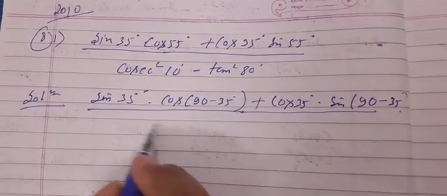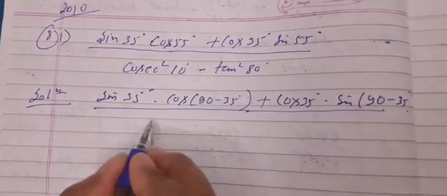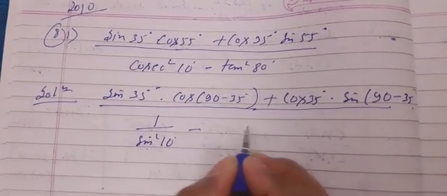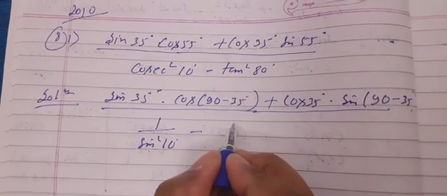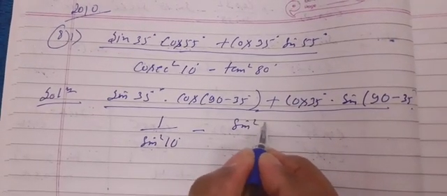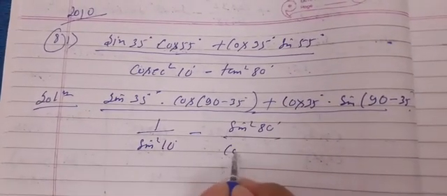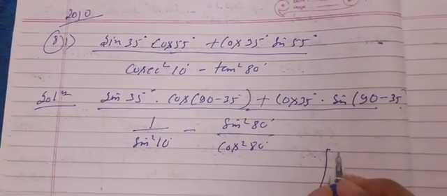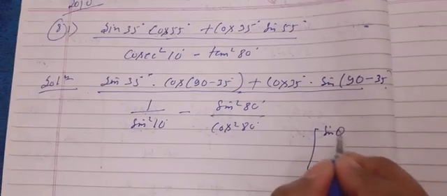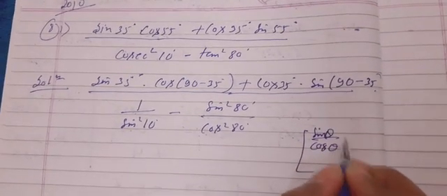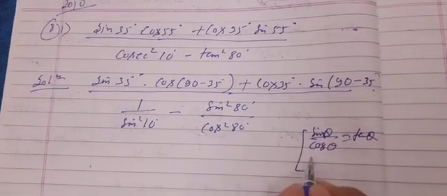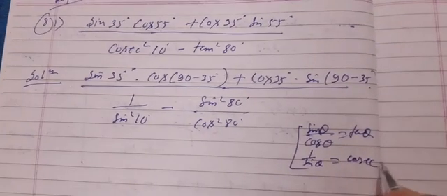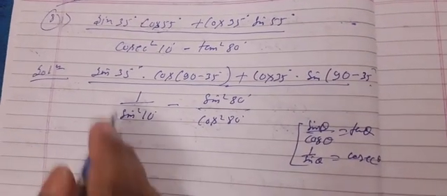And cosec square 10 degree we can write as 1 by sine square 10 degree, and here it is sine square 80 degree upon cos square 80 degree. Mention all the formulas whatever you are using: sine theta upon cos theta is equal to tan theta, and 1 by sine theta means cosec theta. We used it, so we have shown it here.